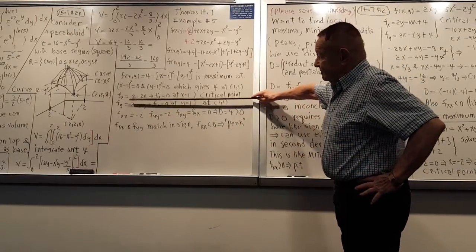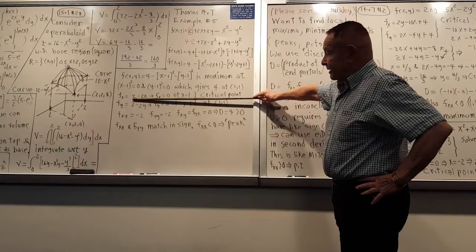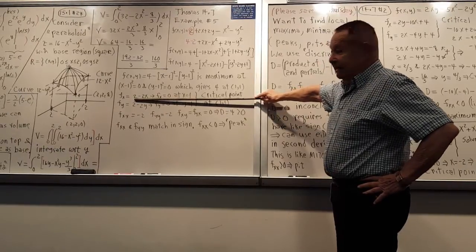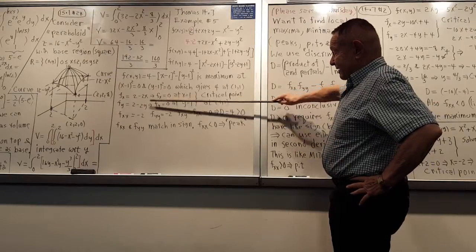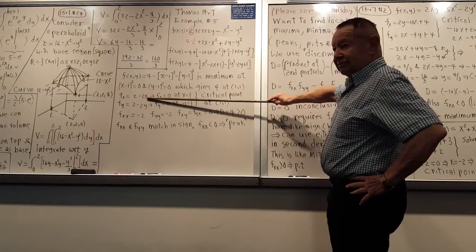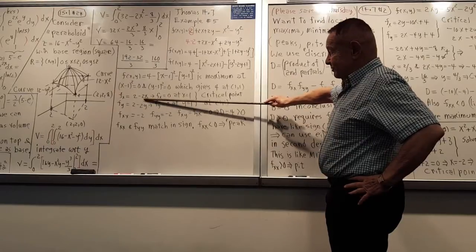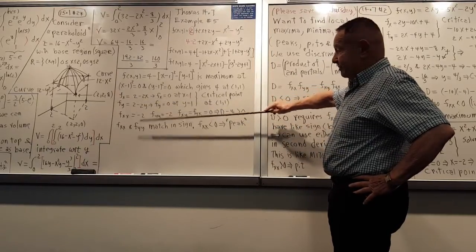Since this is an equation with x only, you can go ahead and solve, set that equal to 0, and you can see that that happens when x is 1. 2x equals 2 and x is 1.